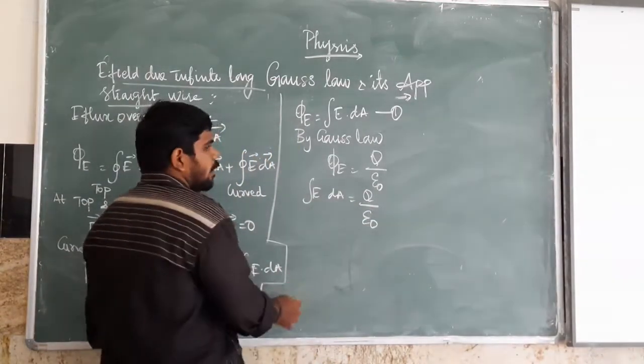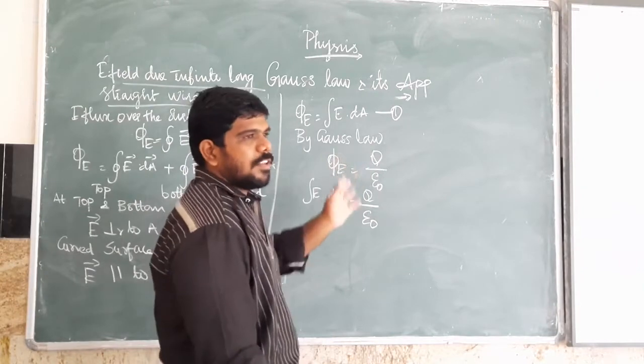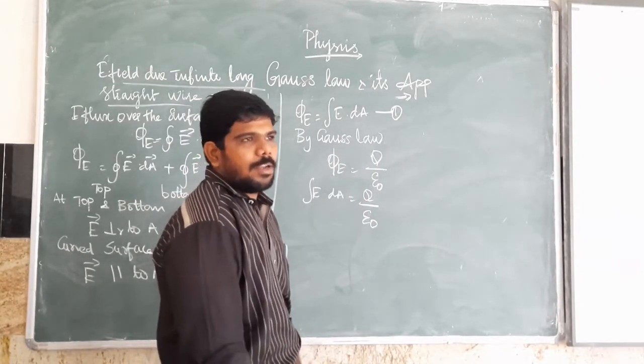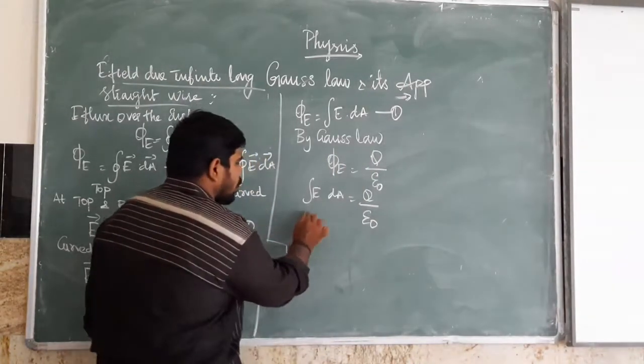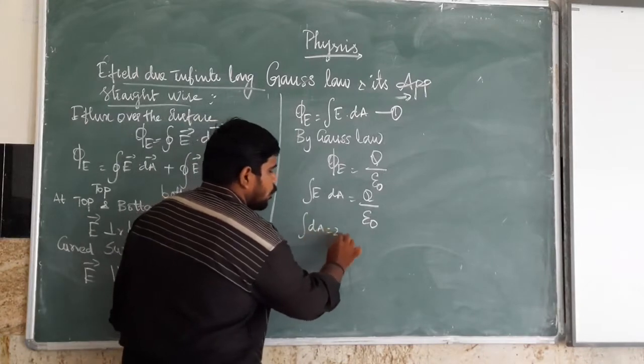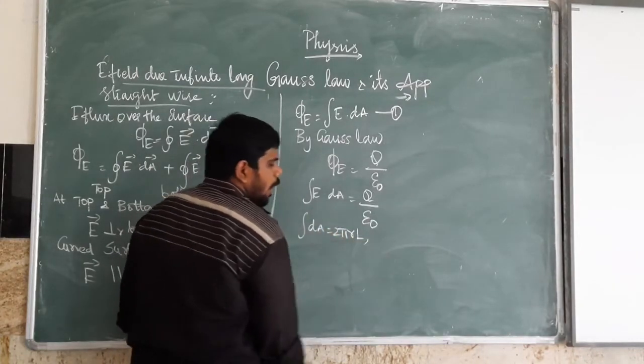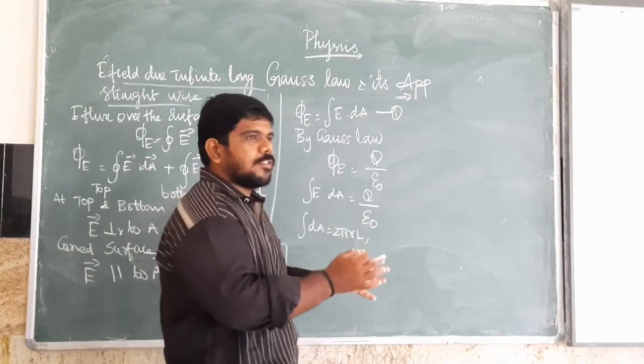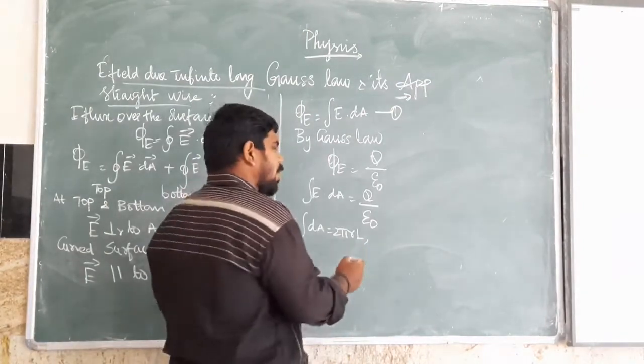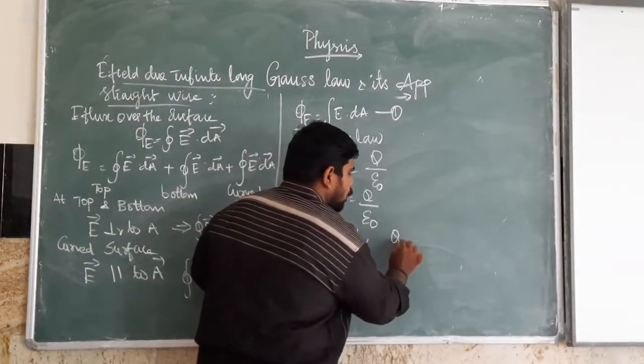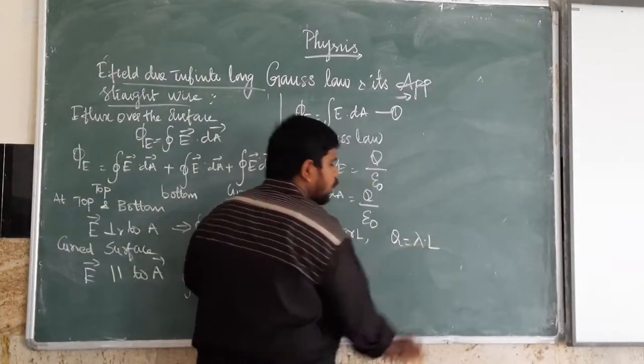The surface area of a cylinder has the standard formula 2 pi R L, so the integral of dA is 2 pi R L. And what is the charge enclosed in the cylinder? It will be lambda times L, isn't it? So Q is equal to lambda into L.